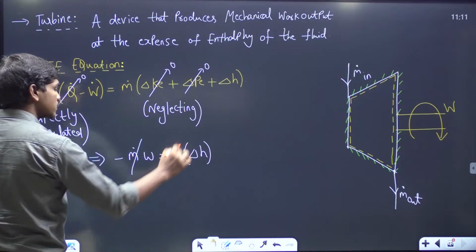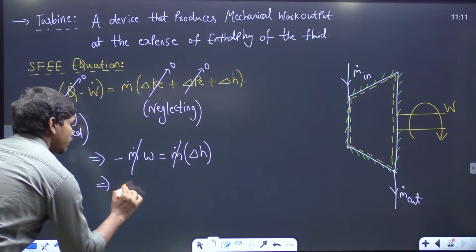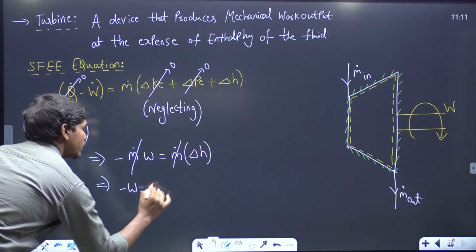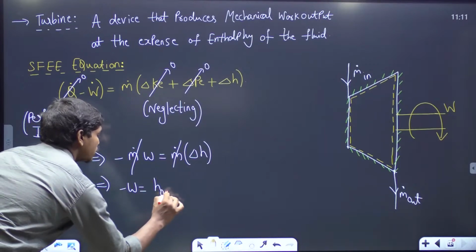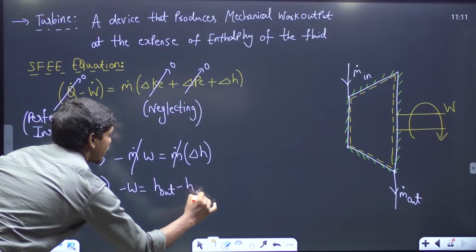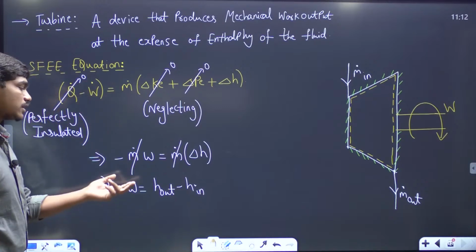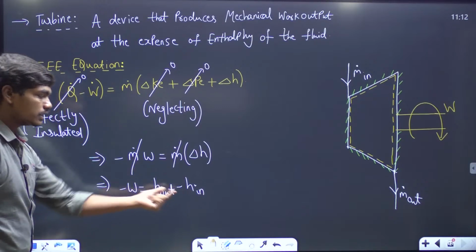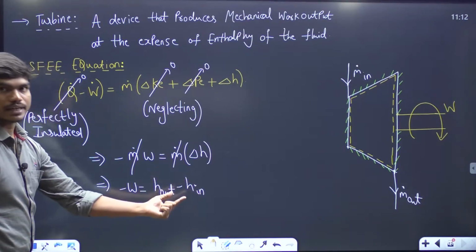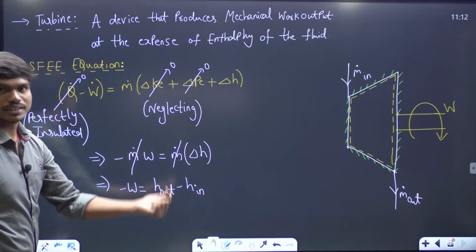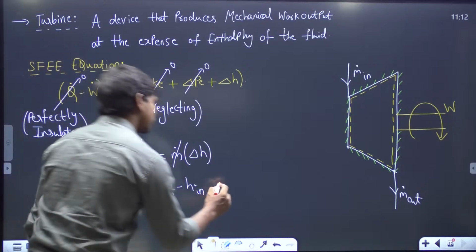If you cancel out m dot, we have w is equal to h in minus h out. And a turbine generally produces work, so work is done by the system. Since w is positive, because we are expecting some work out of the control volume by the system, h out minus h in is negative, which means h out is very much less than h in.